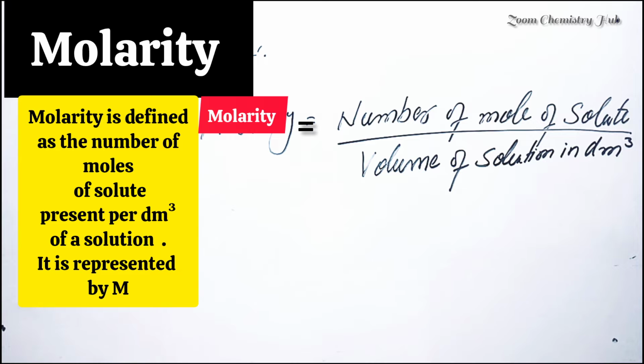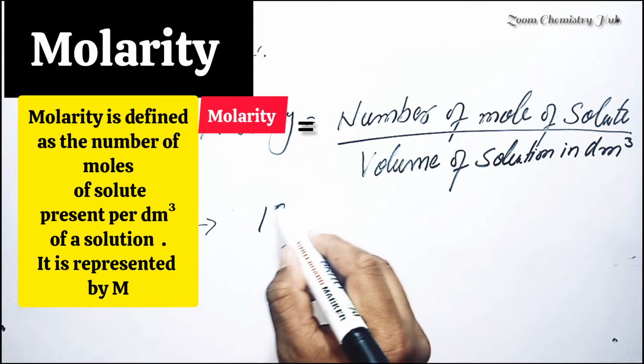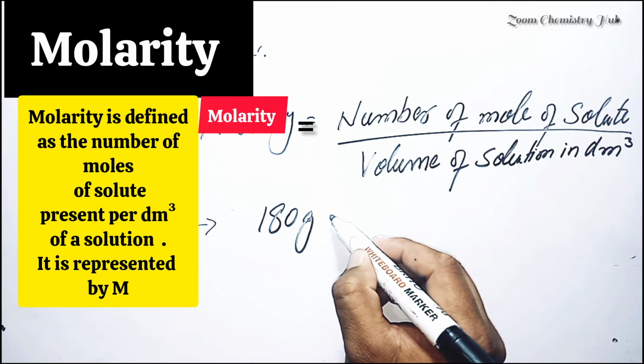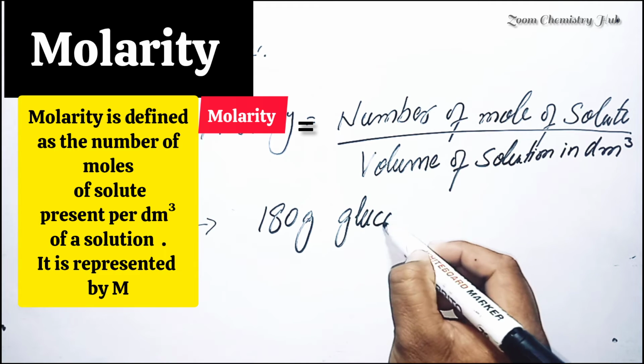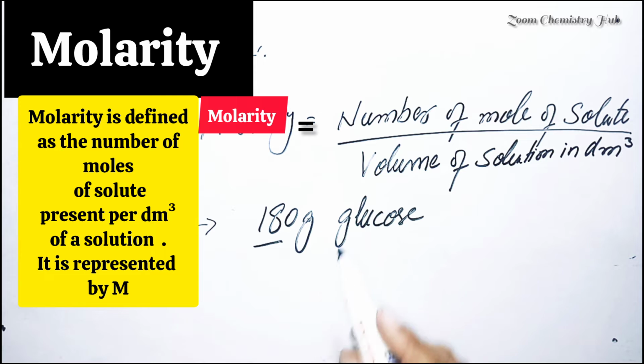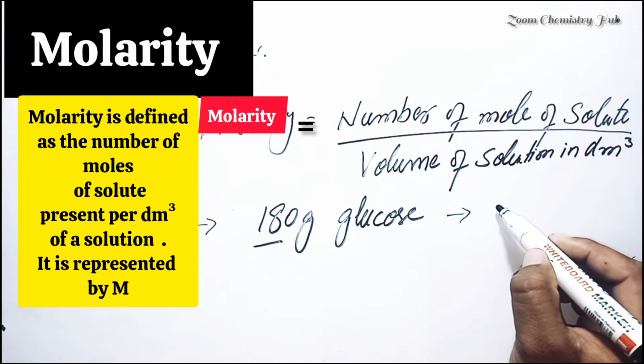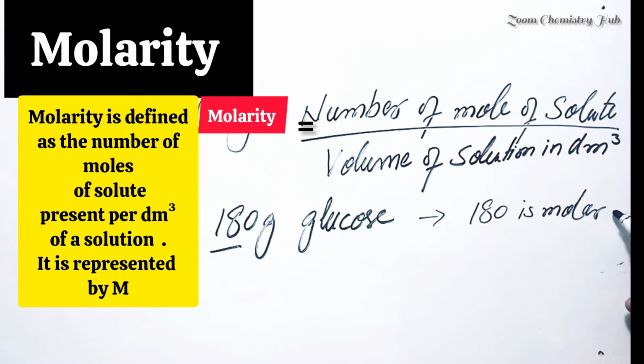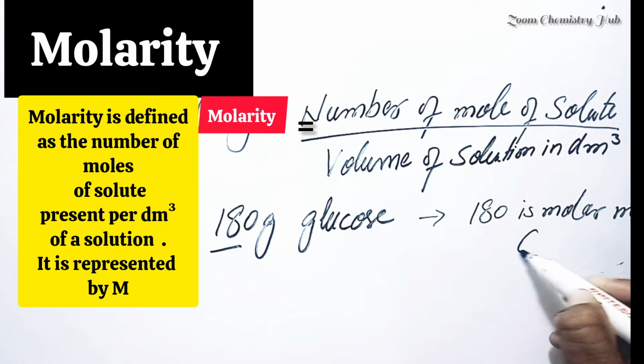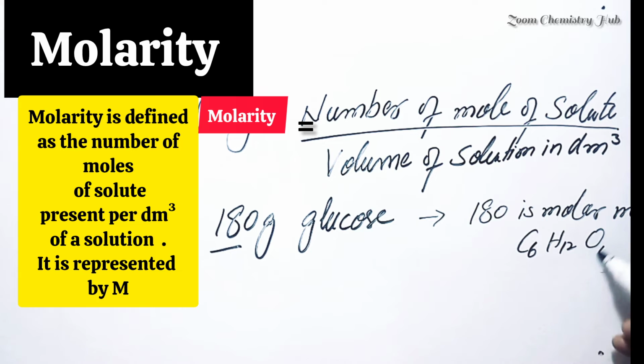For example, we have to prepare a 1 molar solution of glucose in water. For making the 1 molar solution of glucose, we will take 180 gram of glucose. The 180 is the molar mass of glucose, the molecular or molar mass of C6H12O6. For making a 1 molar solution, we take the molar mass of any substance.